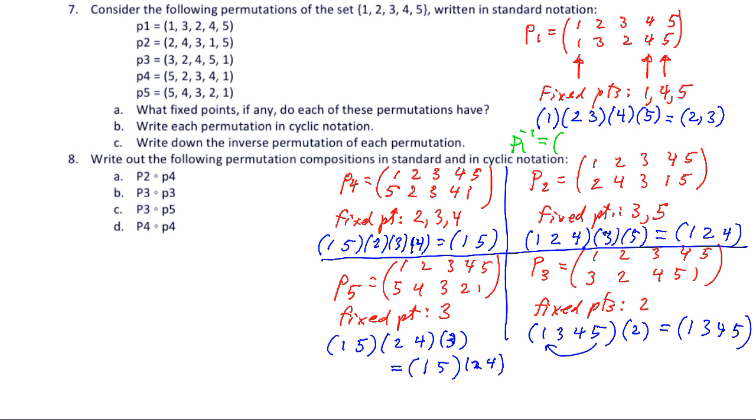Where does 1 go? I'm going to look at this expanded notation and go upwards: 1 goes to 1, 2 goes to 3, 3 goes to 2, then 4 and 5. So there's the inverse of P1.